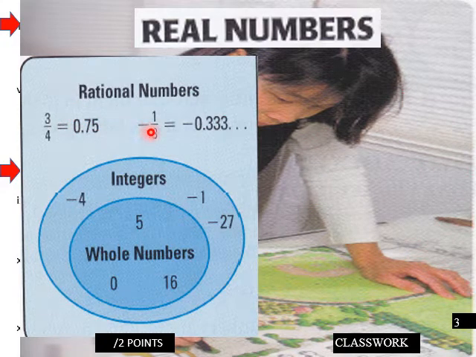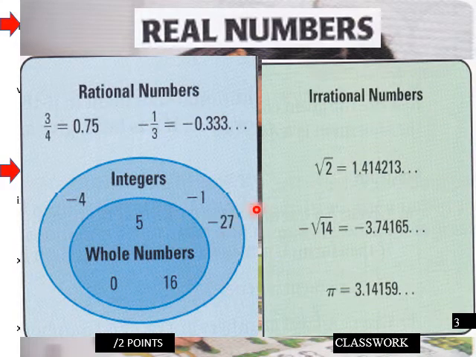Then negative 1/3 would be negative 0.333, which is repeating, so it is rational. You have integers and whole numbers inside here. And then irrationals are non-repeating decimals like the square root of 2, negative square root of 14, and pi, which is an irrational number, 3.14159, and it goes on and on.